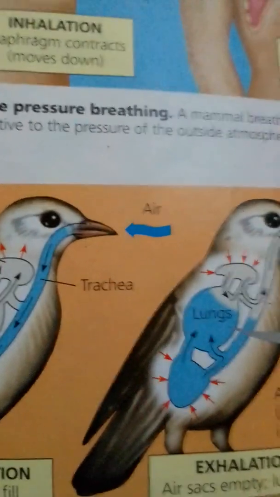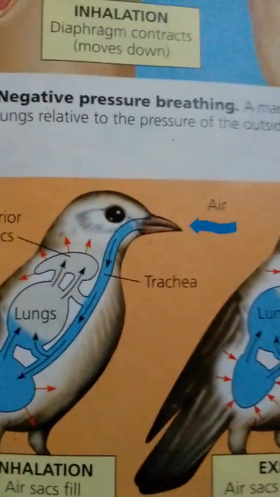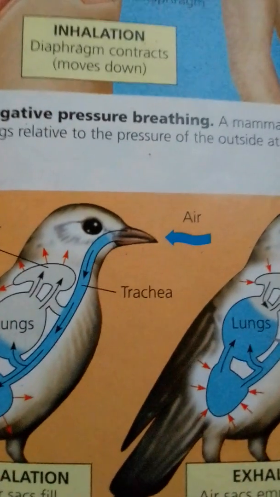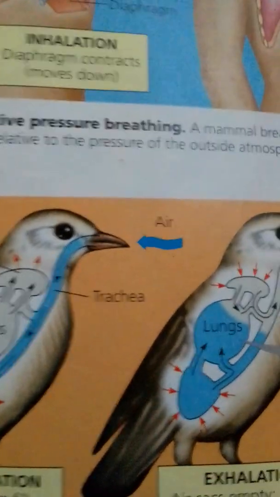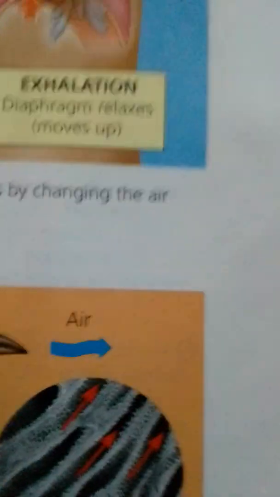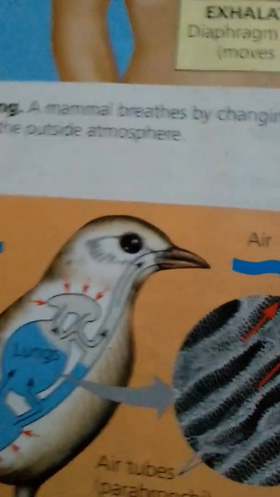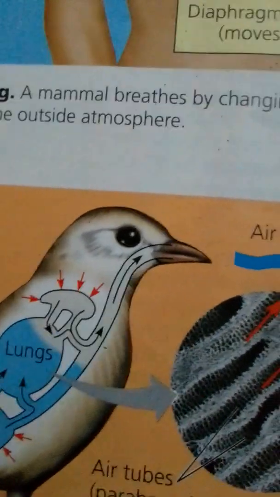Notice that the entire system, lungs and air sacs, is ventilated. When the bird breathes, air flows through the system in a circuit that passes through the lungs in one direction only, regardless of whether the animal is inhaling or exhaling.